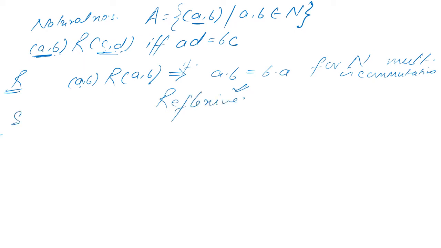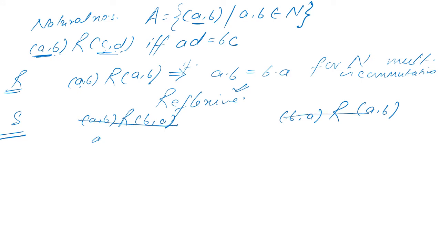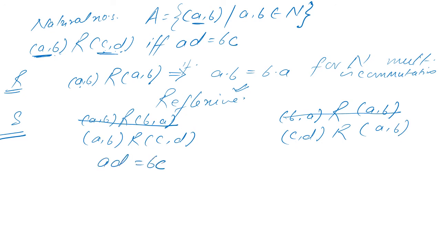Right? Let's check for symmetricity. Symmetricity says if (a, b) is related to (c, d), it should imply that (c, d) is also related to (a, b). Sorry, I first misspoke there. So ad is equal to bc, and this means cb is equal to da.